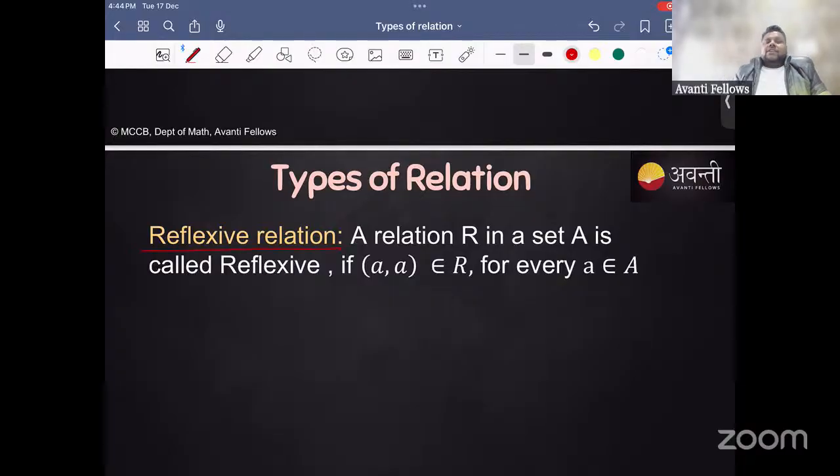So what is a reflexive relation? A relation R in A is called reflexive if every element of set A is related to itself. Remember, every element of A is related to itself.